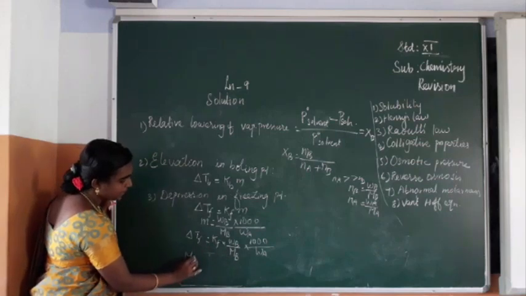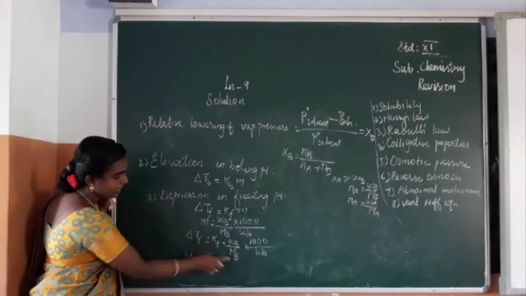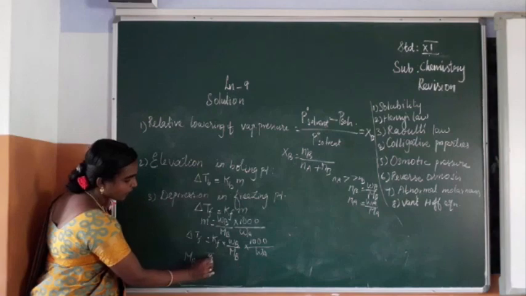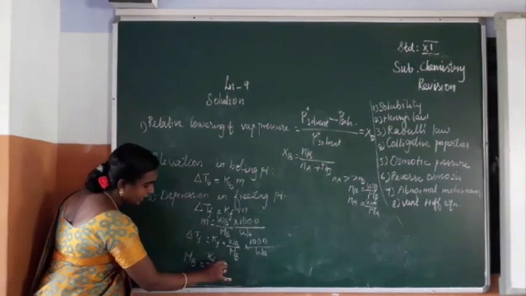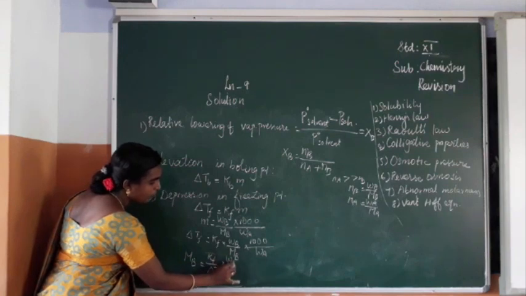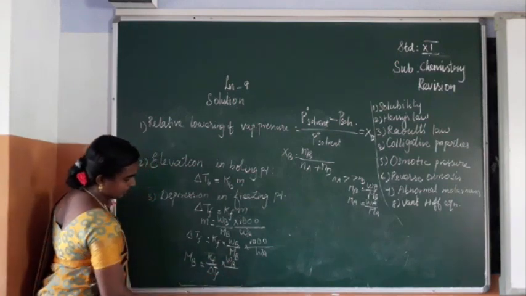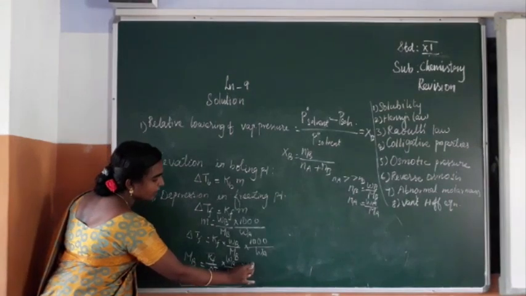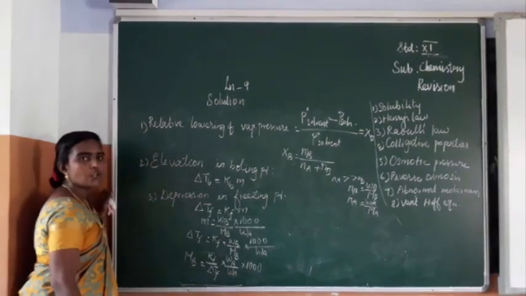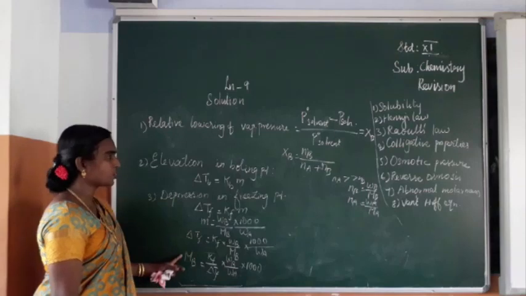So MB is equal to Kf divided by delta TF into WB by WA into 1000. This value will give the molar mass of the solute.